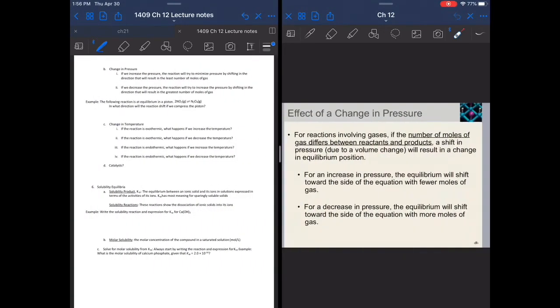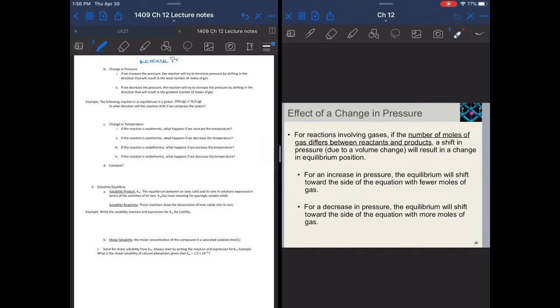What else is going to affect equilibrium? Well, pressure. So we can increase the pressure, and I want us to make sure that we understand how we can do that. We can adjust the volume. Some problems will use volume instead of pressure when they're discussing it, but it is the same idea.